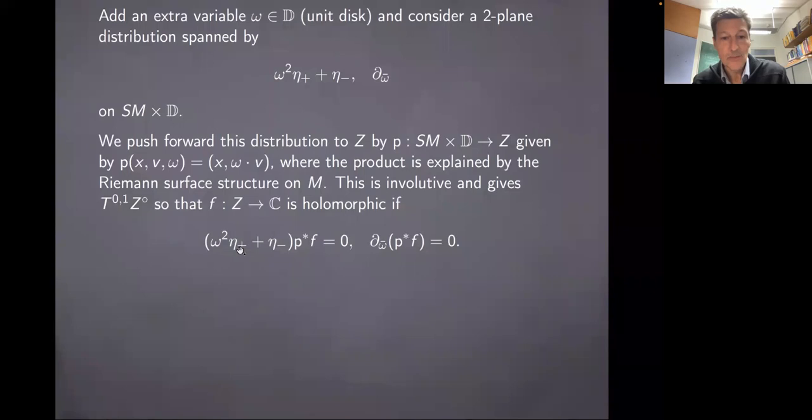The nice thing about this is that once you go to the boundary, you pick up exactly X, because you are allowed essentially to set omega equal to 1.